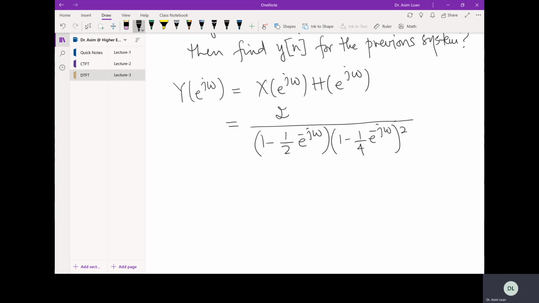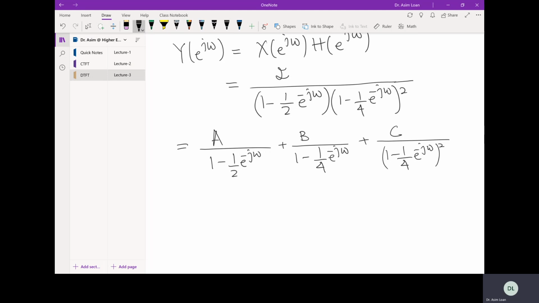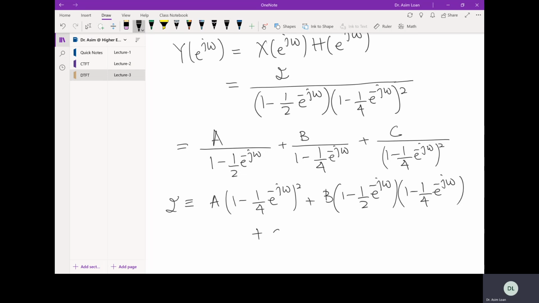Or this is equal to a over 1 minus half e to the minus j omega plus b over 1 minus 1 over 4 e to the minus j omega plus c over 1 minus 1 over 4 e to the minus j omega square. Doing partial fractions, 2 equals a into 1 minus 1 over 4 e to the minus j omega square plus b into 1 minus half e to the minus j omega into 1 minus 1 over 4 e to the minus j omega plus c into 1 minus half e to the minus j omega.